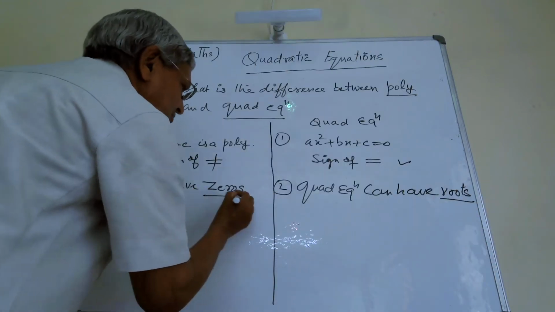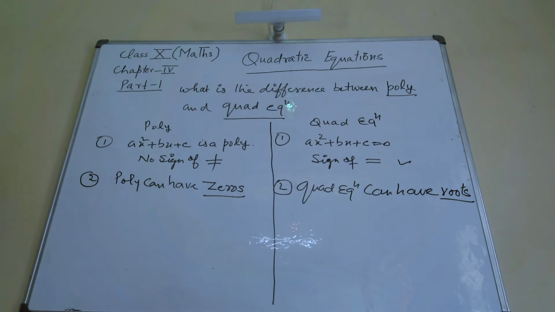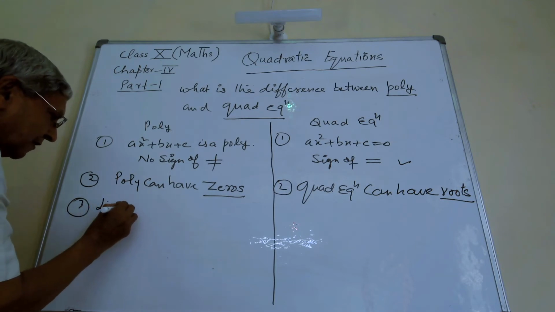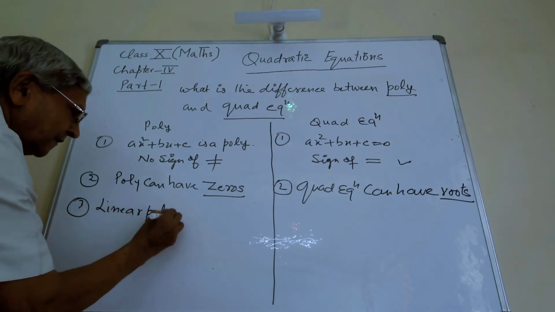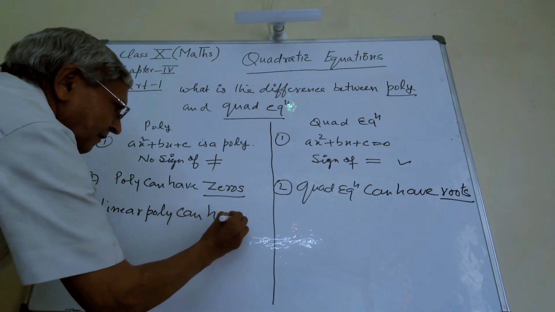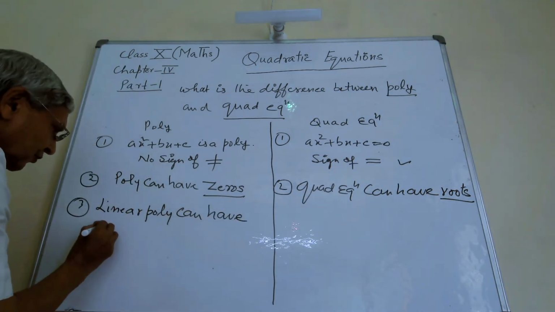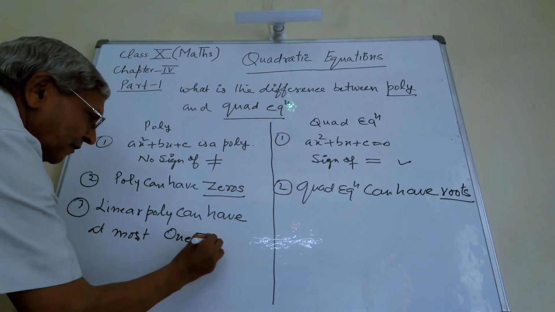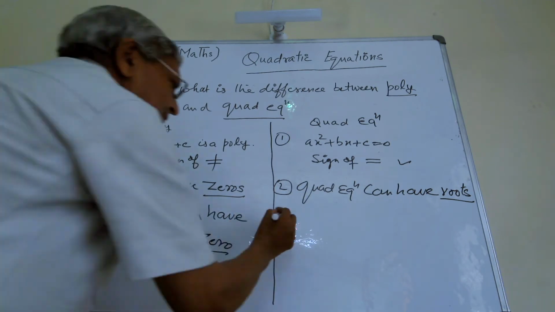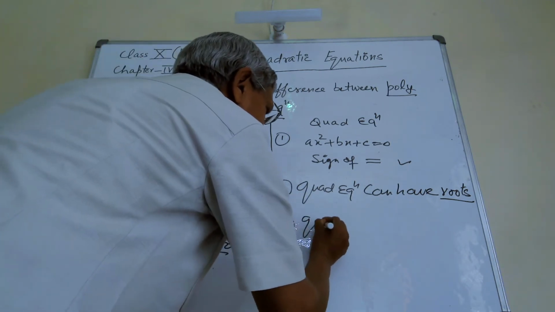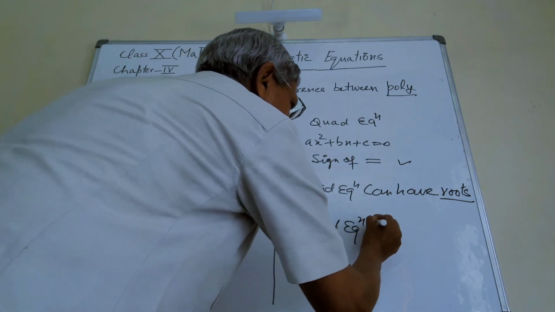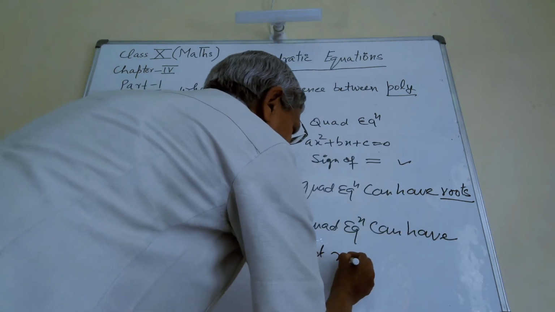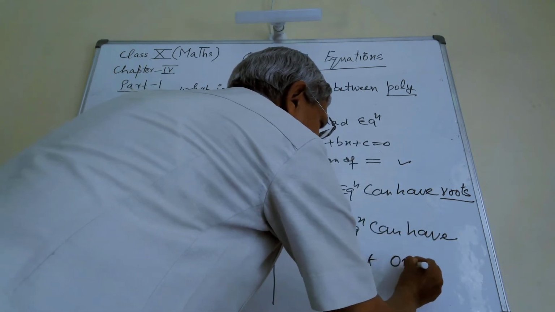Now, third point, a linear polynomial can have at most one zero. Note it. A linear equation can have at most one root.